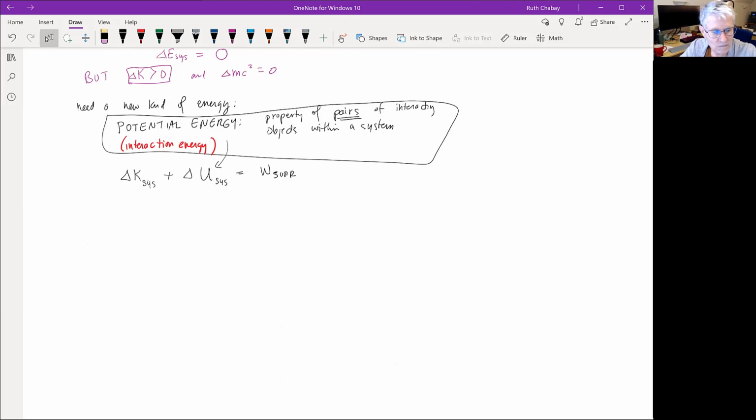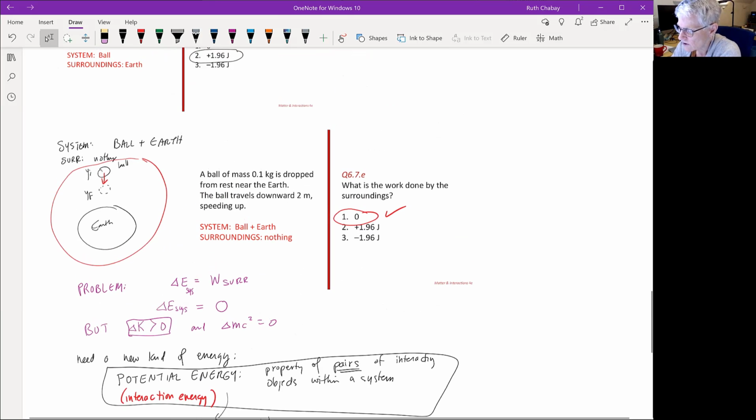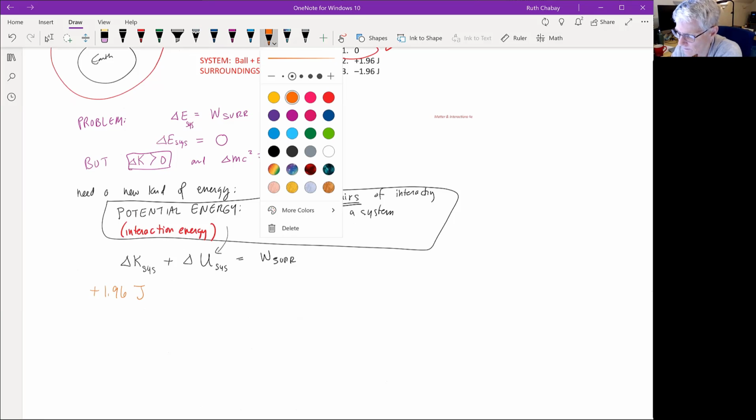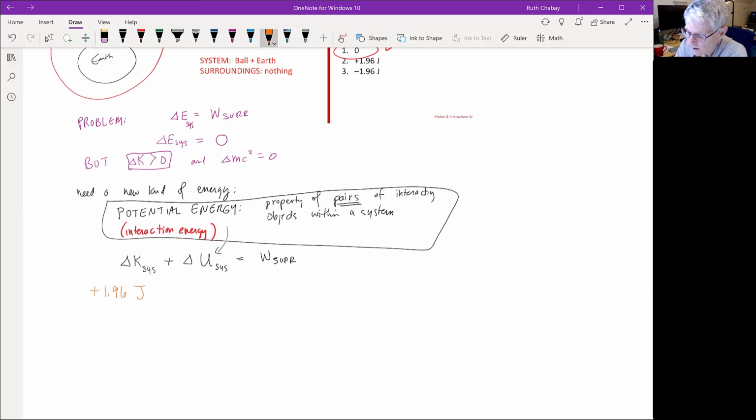So now, how do we calculate this? Well, we know the change in kinetic energy of the system, right? So the change in kinetic energy of our system, of the Earth plus ball, was plus 1.96 joules. And so it must be that the change in potential energy of the system must be a negative 1.96 joules.